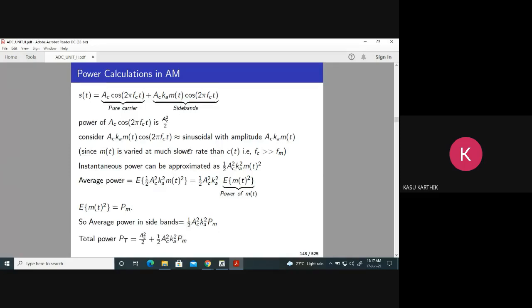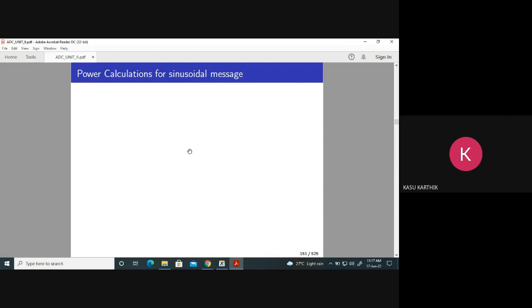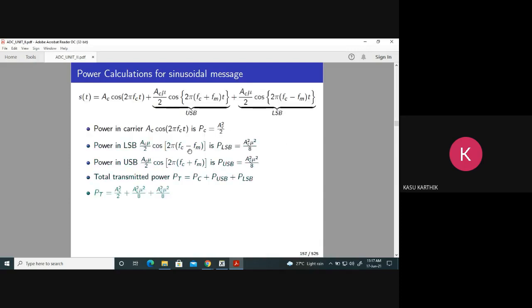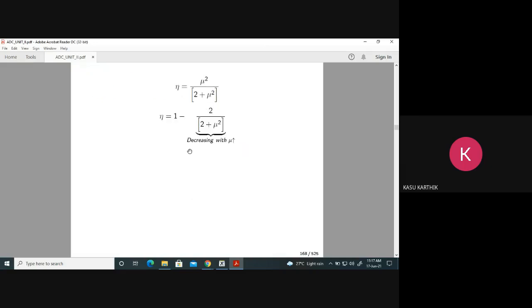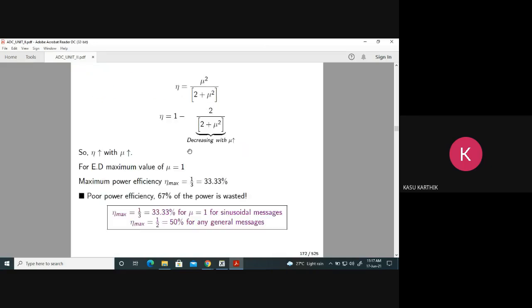Now, here basically AM is used in broadcasting. What are the broadcasting techniques that you know? TV is a broadcast, radio is a broadcast.